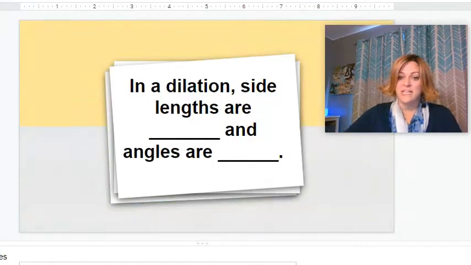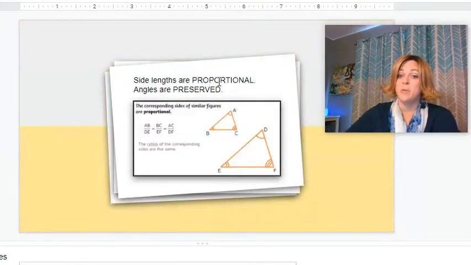In a dilation, side lengths are blank and angles are blank. I just went over both of these, but let's look. Those side lengths should be proportional. So it should have a number that multiplied or divided will get you the original or get you the image after the fact. And the angles are preserved.